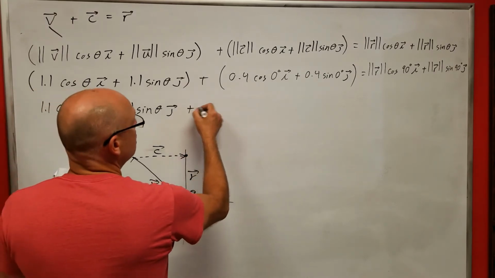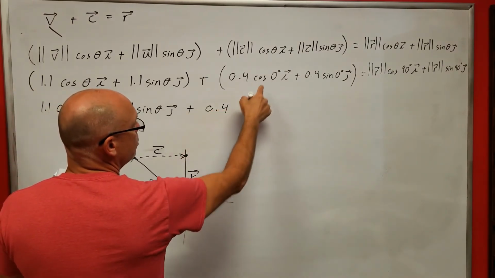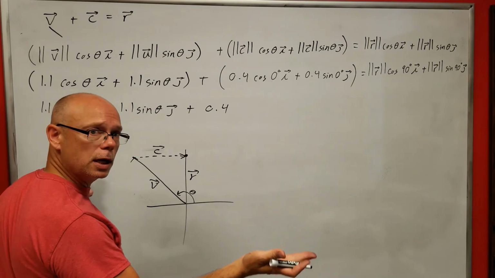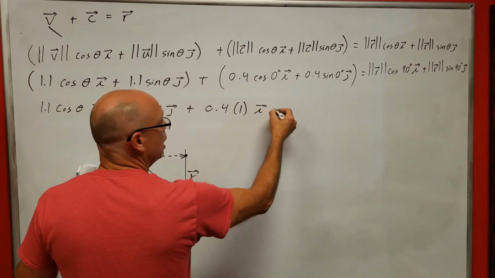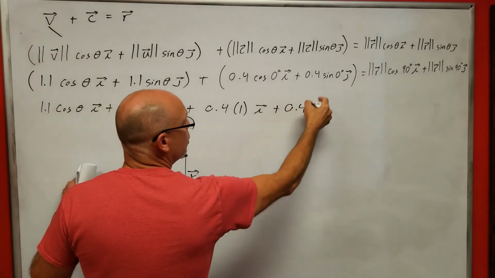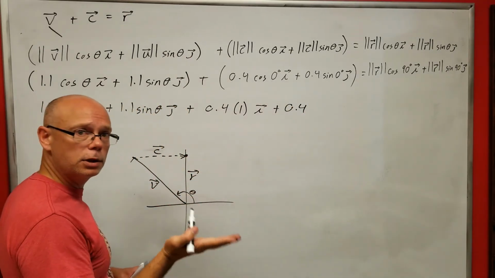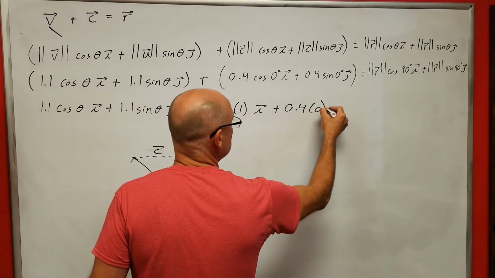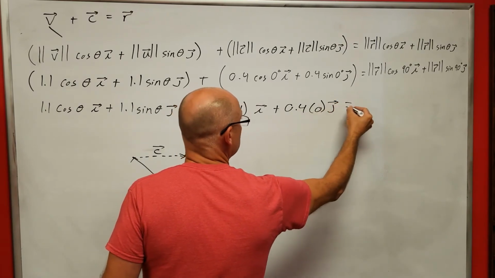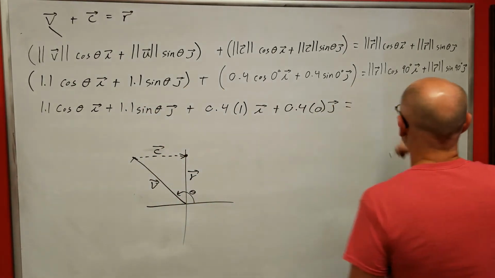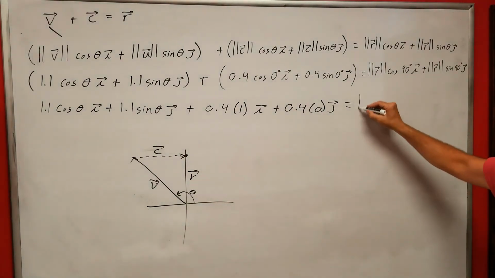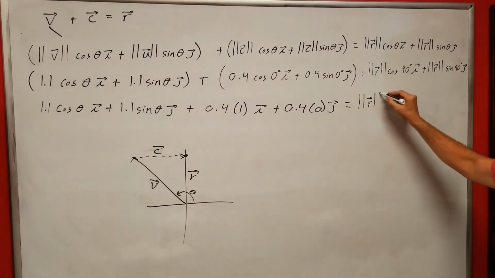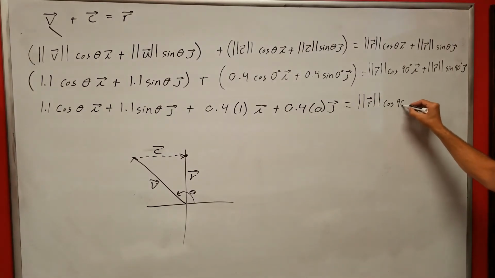Plus, how about this part? At 0.4, what's the cosine of 0? Cosine of 0 is 1. So times 1 times vector I plus 0.4 times the sine of 0 degrees. What's your sine of 0 degrees? 0 times vector J is equal to the magnitude of vector R. Do not know the magnitude of vector R, so I'll keep it as the magnitude of vector R times the cosine of 90 degrees.